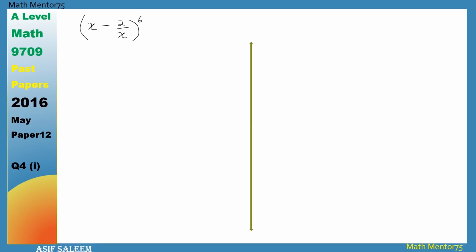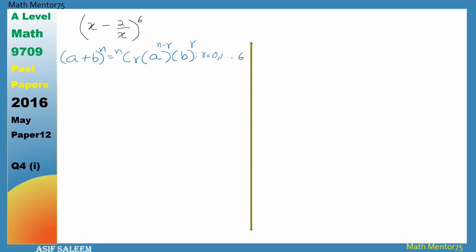Question number 4. We have a binomial theorem and we have to find the term independent of x. In order to do that, let's write down the basic formula. The formula is (a plus b) raised to the power n, nCr a^(n minus r) b^r, and the values of r would be from 0, 1 till 6.